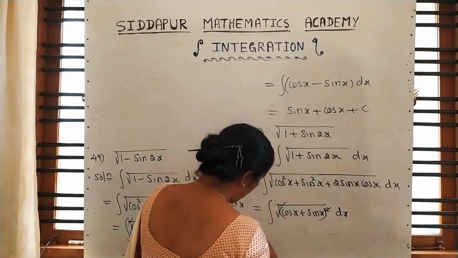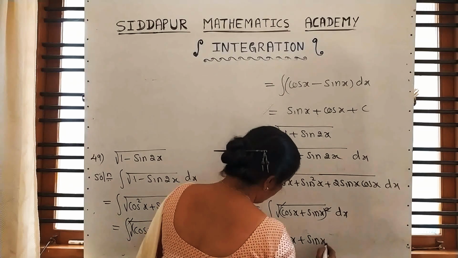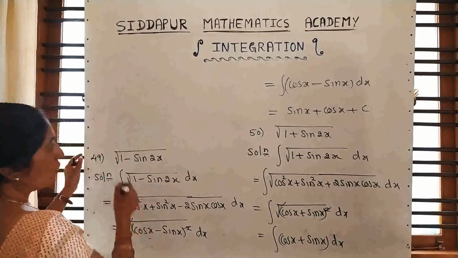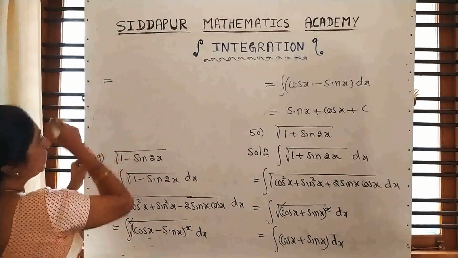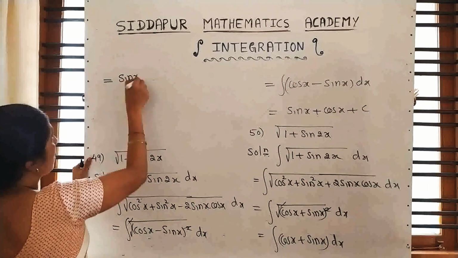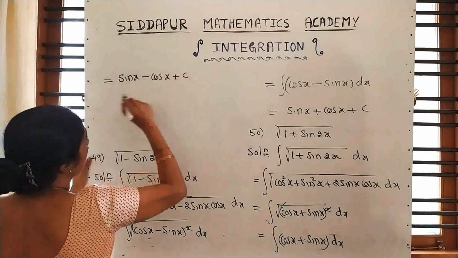Square root and square get cancelled. Now integrate. Integration of cos x is sin x and sin x will be minus cos x plus c.